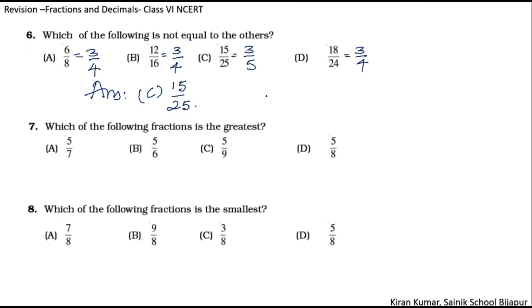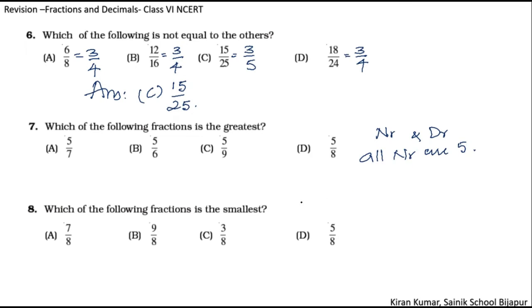Question 7. Which of the following fractions is greatest? So I need to identify which one is greater among these. You observe both numerator and denominator. Here all numerators are 5.